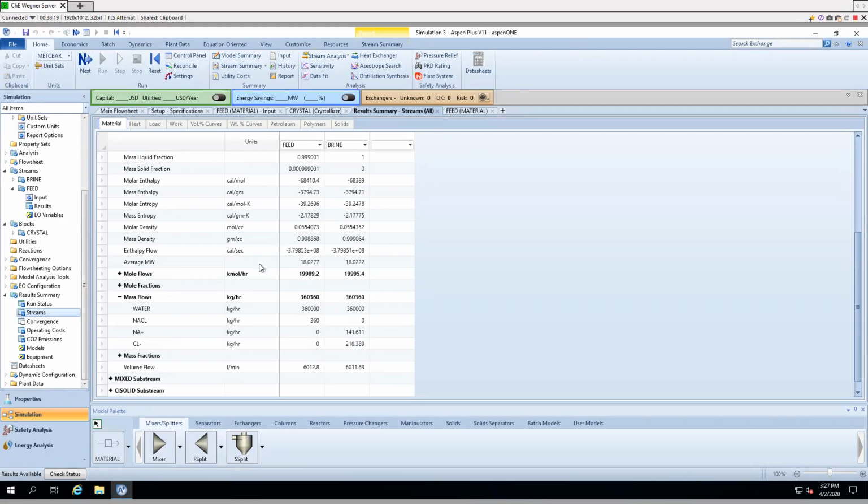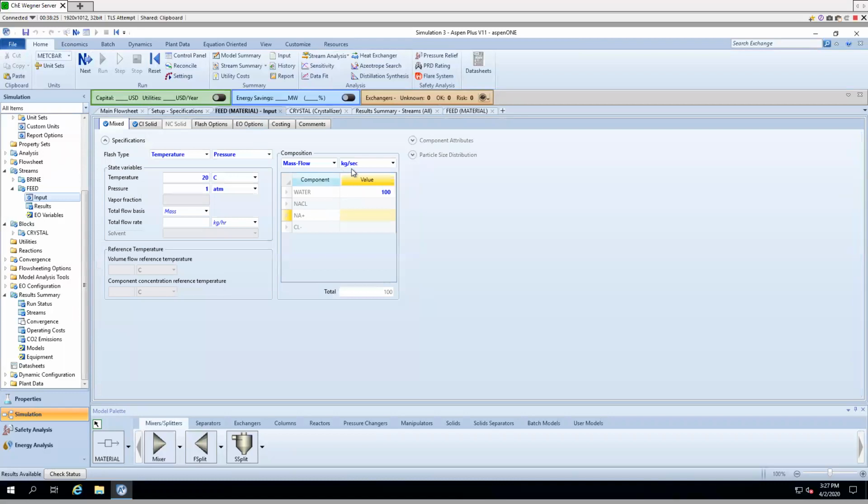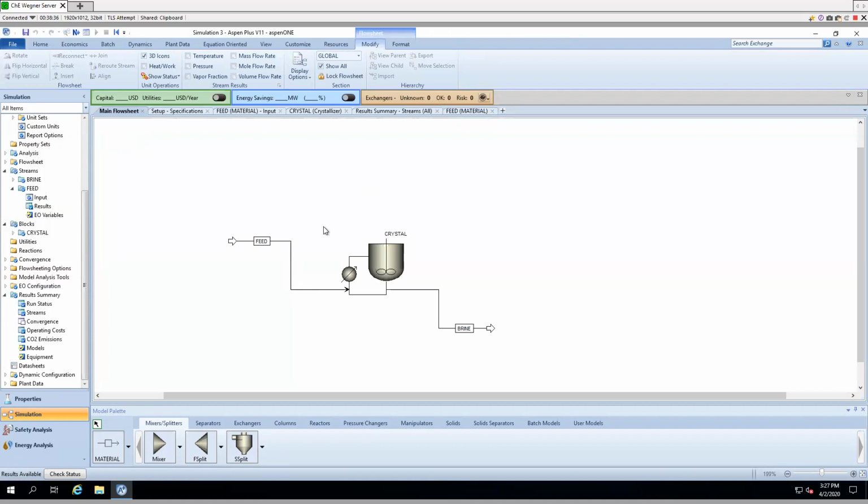Okay, I see. So specifically for this simulation, it's not a reasonable system because there's still solids in the simulation.